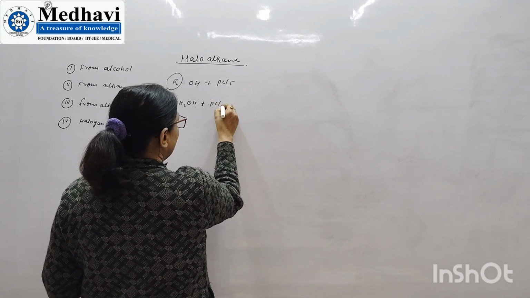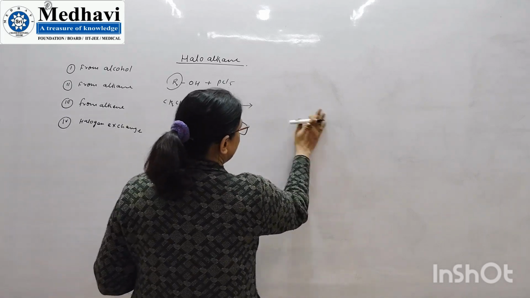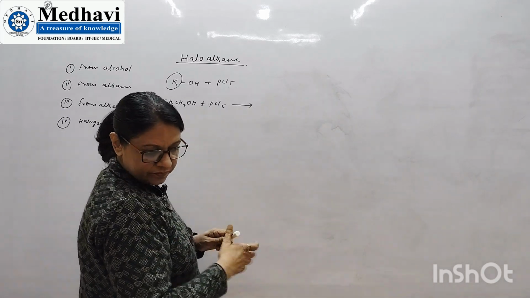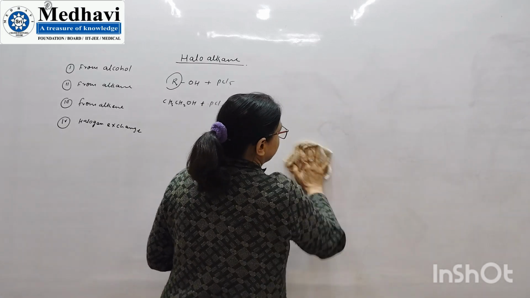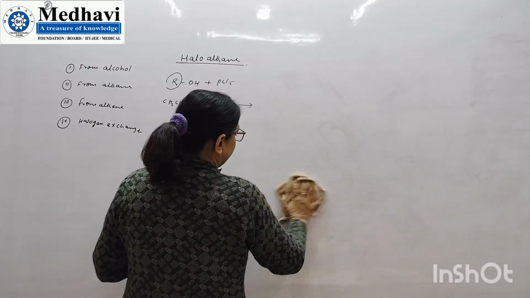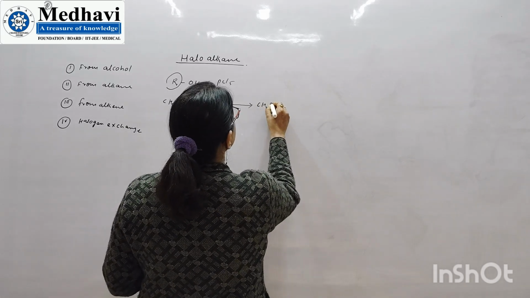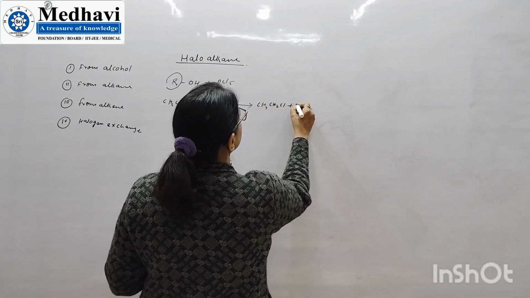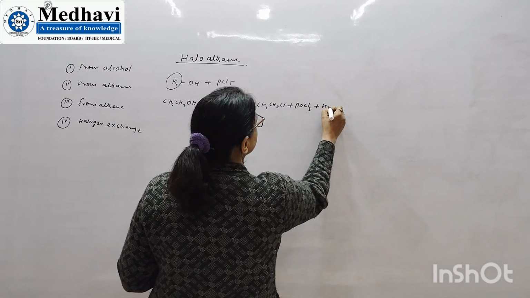When ethanol is reacted with phosphorus pentachloride, the product is CH3CH2Cl, POCl3 phosphoryl chloride, plus HCl.